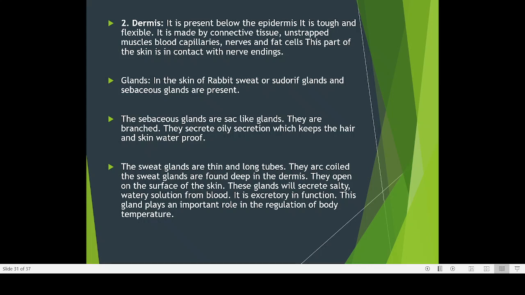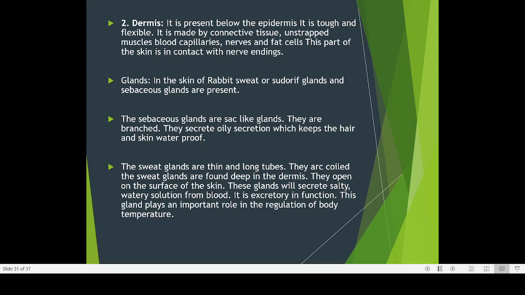When we are standing under the sun, or when the environmental temperature is very high and the climate is very hot, we produce a lot of sweat. And sweat evaporates from your body, and this process of evaporation takes away the heat from your body.